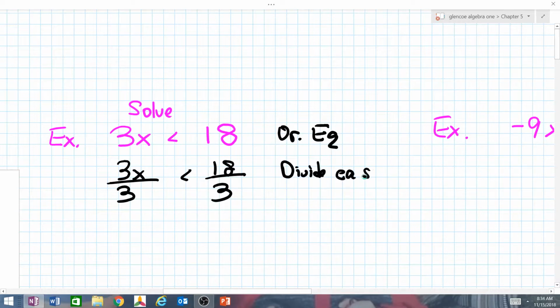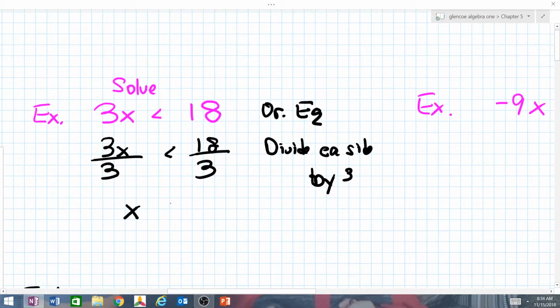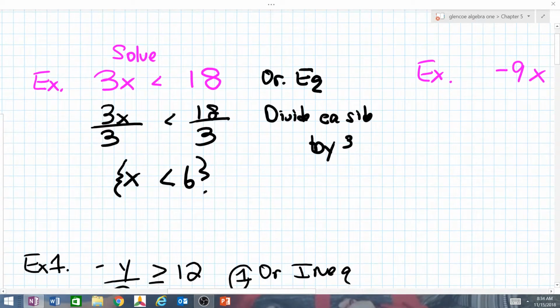So we're going to divide each side by 3. And we get x is less than 6. If they ask us to graph it, we'll graph it. If they don't, then this would be your final answer. Are you with me?